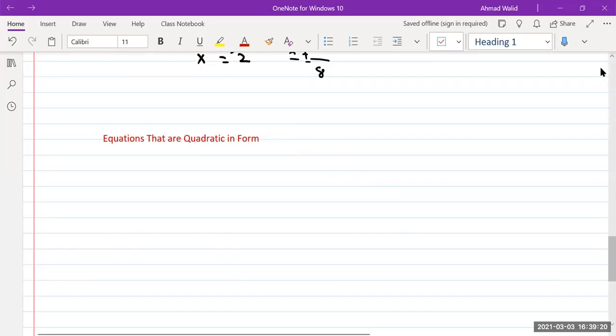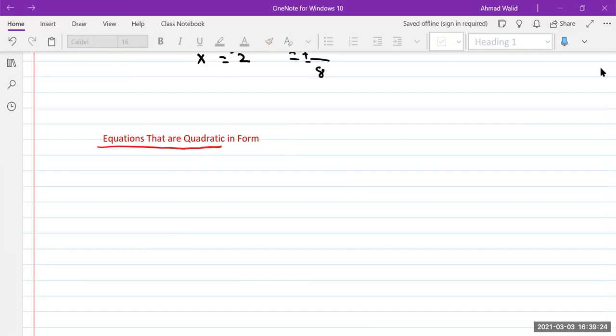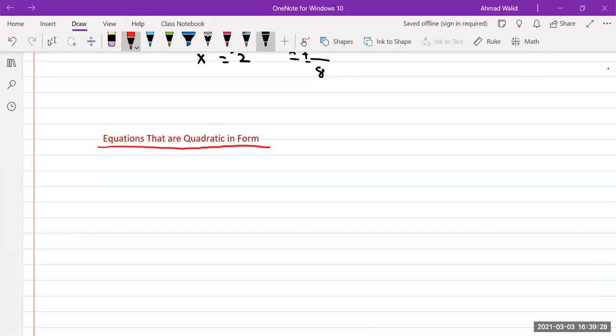Equations that are quadratic in form. This is the topic of discussion.